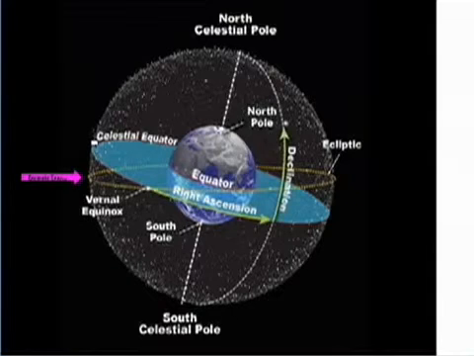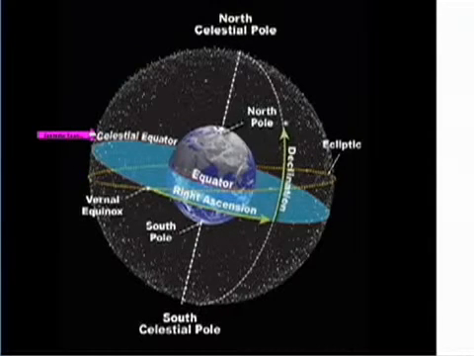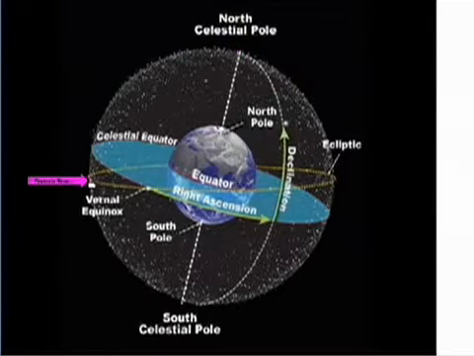And that makes things a little complicated, because now we have the celestial equator being the projection of the Earth's equator, and the celestial poles as projections of the Earth's poles. But the actual movements of the planets occur along this line called the ecliptic. Okay?